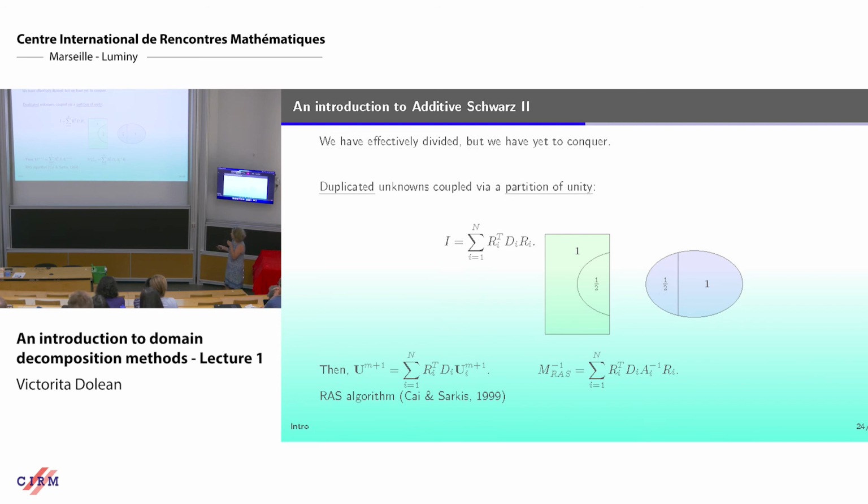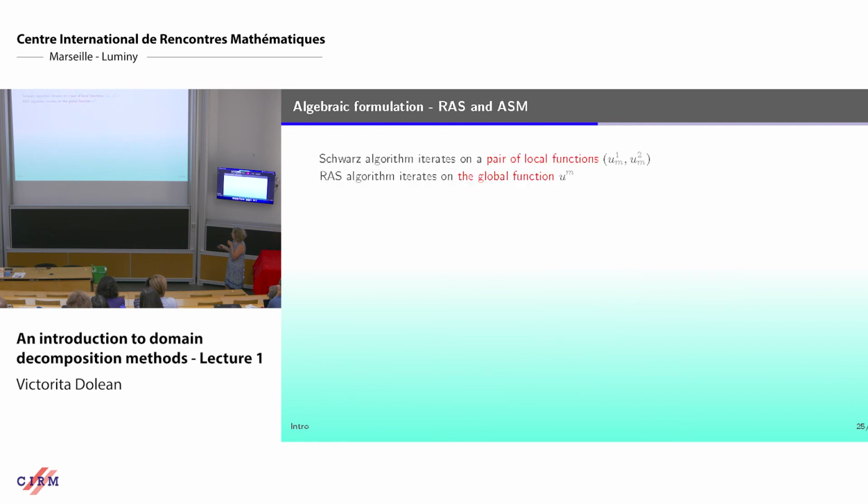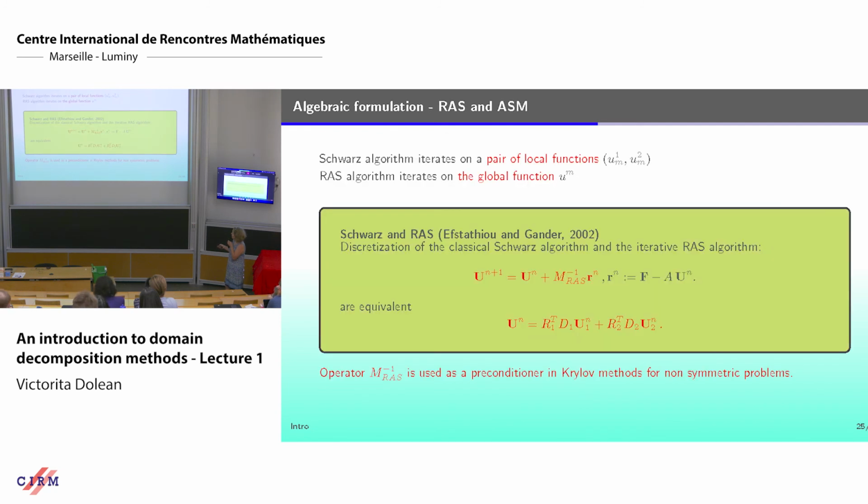Now I can introduce another notation, right? As I said, Martin, with one of his postdocs or PhD students, showed that the discretization of the classical Schwarz algorithm is in fact the algorithm that you have seen here, which is called RAS. This algorithm can be written in this way, with the notation that I introduced at the very beginning.